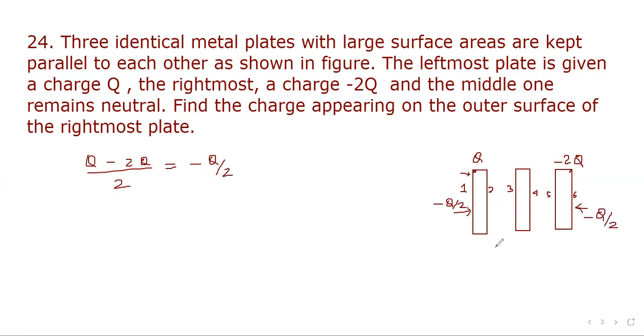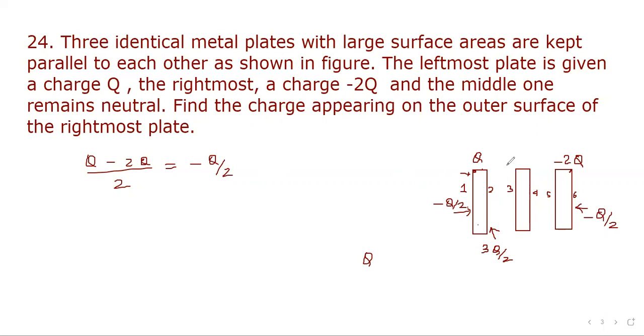Now, since plate number 1 contains total charge q and here there is minus q by 2 charge, so total charge must be q, so minus q by 2 is already there, so there should be 3q by 2. Now if you find the sum of these two, it will be q.